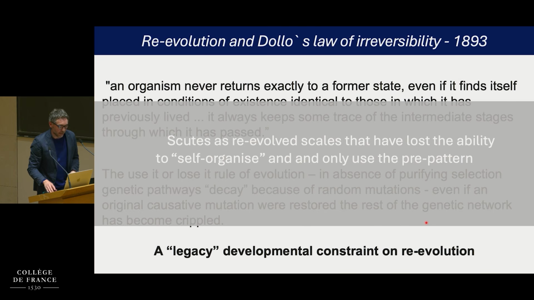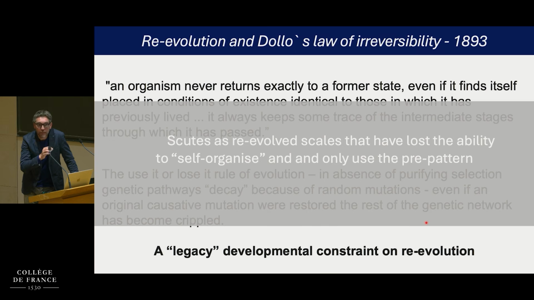And to put this back in the context of the bony plates, we interpret bony plates as re-evolved scales. We don't know the mechanism by which they originally got lost. We don't know the mechanism by which they were restored. Armored catfish have skin denticles that might actually provide growth factors to reactivate the program.